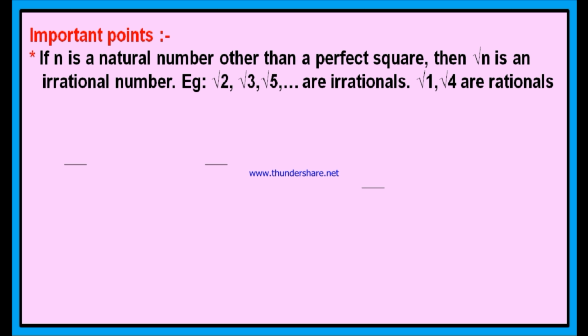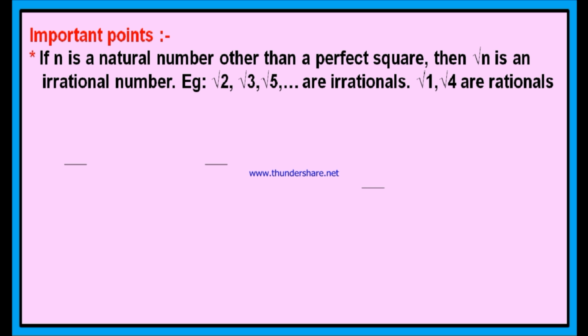And 4 is a perfect square number because 2 square is equal to 4. And 3 square is 9, 4 square is 16, 5 square is 25, 6 square is 36, and so on. Therefore, this 1, 4, 9, 16, 25, 36 and all these numbers are called perfect square numbers.